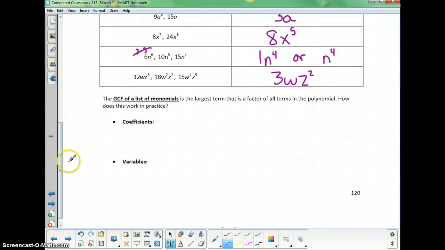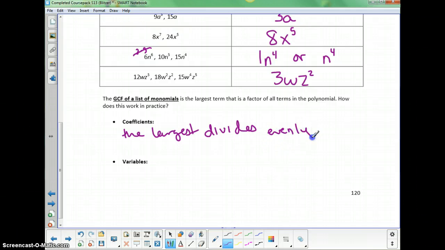Alright, so just a summary right here of what we've done. When I'm finding the GCF of a list of monomials, for the coefficients, I want to find the largest number that divides evenly into all of the numbers.